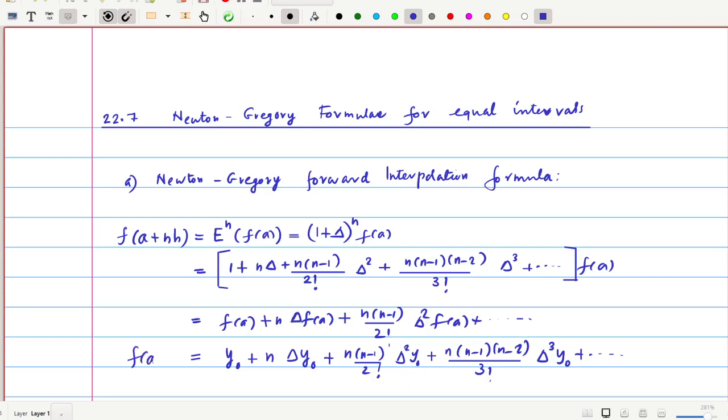In order to find f of a plus n h, we find y naught, delta y naught, delta square y naught, and so on, and evaluate this.